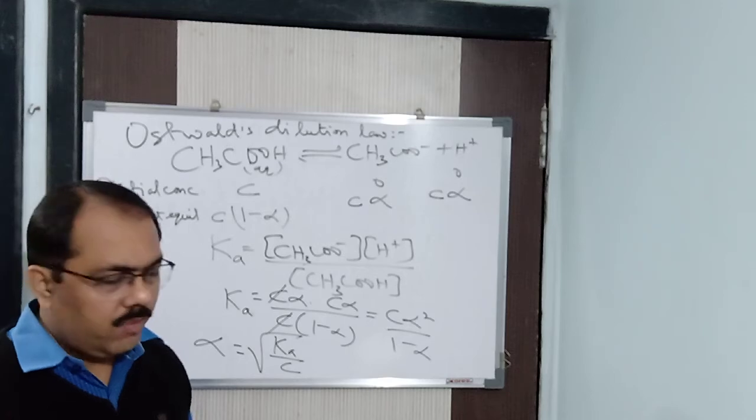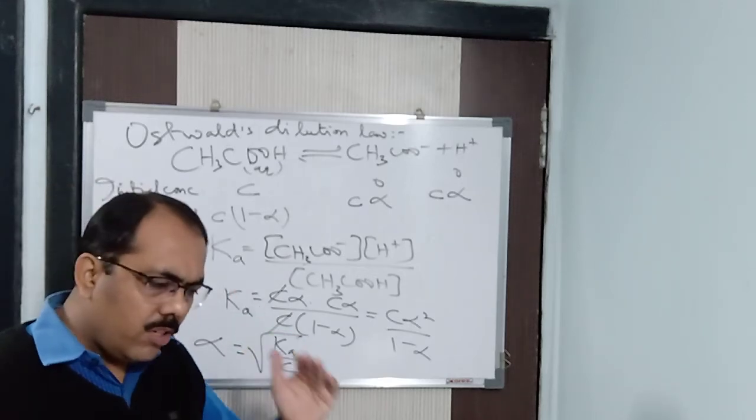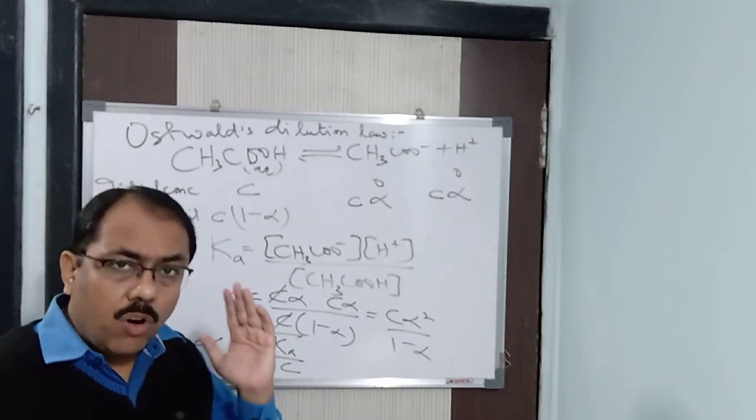Listen to my words very carefully. In solution, we take alpha as negligible if the value of alpha is 5% or less than 5%.